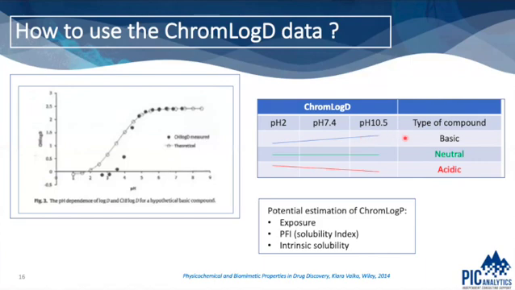That means you have a base. When it's constant, you are in a neutral species. On the other hand, when the log-D decreases over the pH, that means you have an ionized form with increasing pH, and you are in the presence of an acid. So these are different ways of using the information you can get from one system.